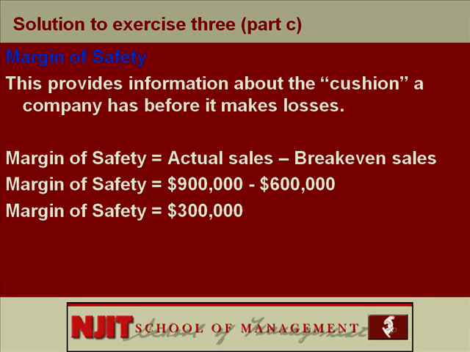This means sales has to drop $300,000 before the company gets into trouble. That's what it tells you. Ideally, you want this margin of safety to be as high as possible.